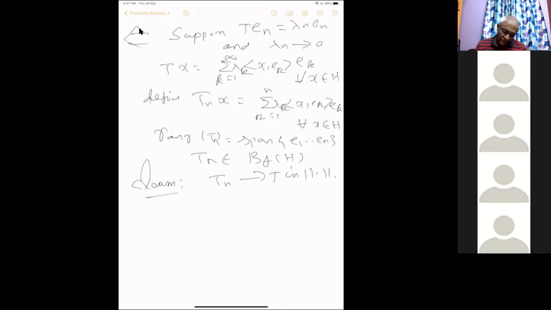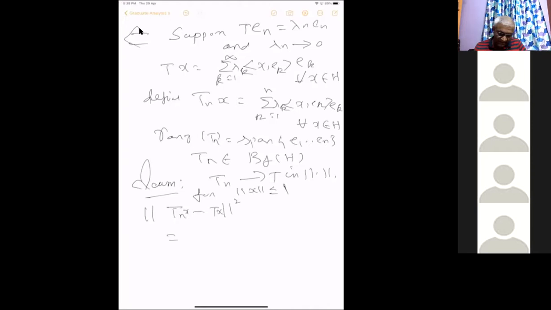So how do we prove that? We want to consider T_n minus T in norm, and show that this goes to 0 as n goes to infinity. How do we compute this norm? For norm x less than or equal to 1, or norm x equal to 1 also you can take, you apply x here and take the square. T_n x is the summation up to n, and T x is the summation up to infinity.